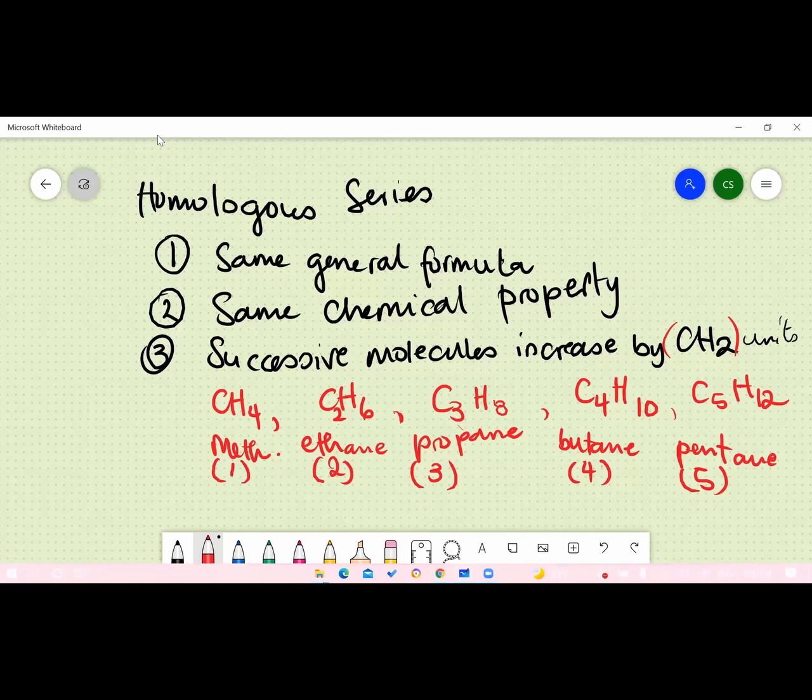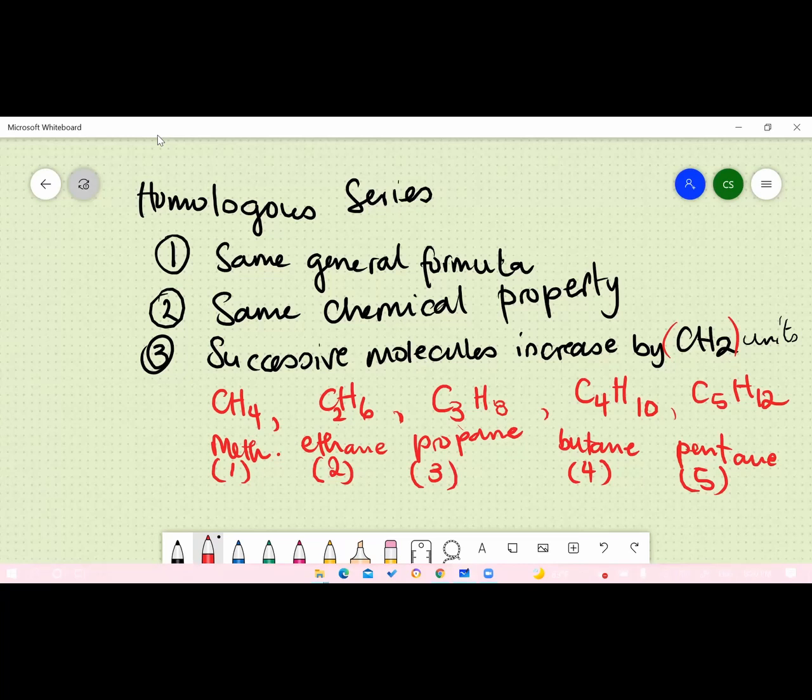So that's another property of the homologous series. Each molecule or member of the series increases by a CH2 unit. Now, the other property, as per the physical properties of the homologous series, is that they change in a regular way. Let's say methane is a gas, right?